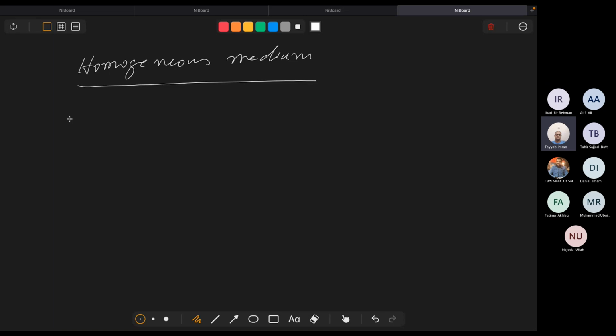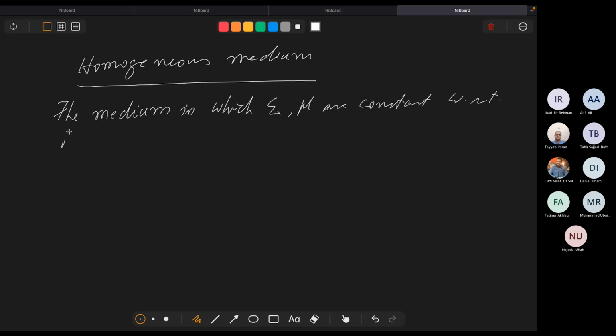So if I write like the medium in which permeability and permittivity are constant with respect to position and time.